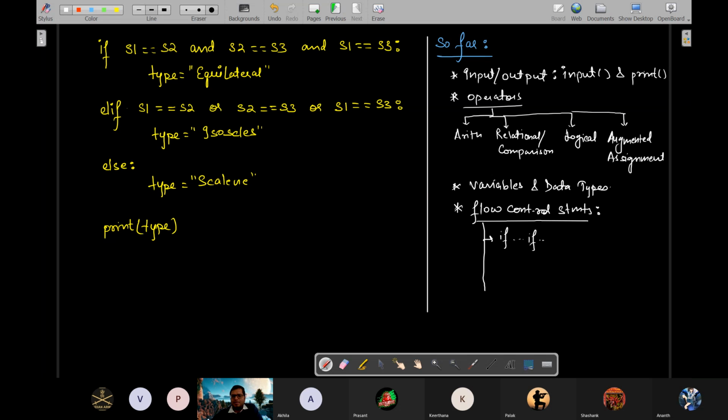If, elif, we can write like this: if, elif, else and if, else. ये three types का हम लोग देखे हैं. Based on how many scenarios there are and how many cases you are interested in. If only one case you are interested in, then if; if exactly two cases you are interested in, you will use if else. If there are more than two cases where you are interested out of many possibilities, then if elif else. Okay, so we have seen this type plus its programs.